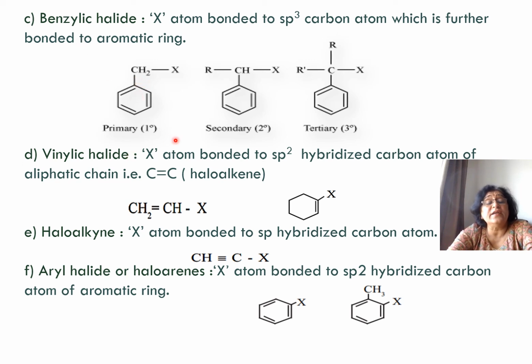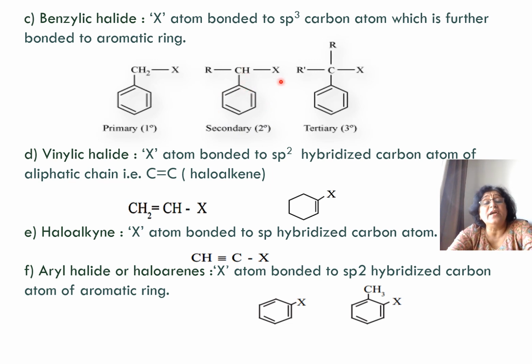Again, these are also categorized into three types: primary, secondary, and tertiary. As we said for primary alkyl halide, similarly, if the halogen is bonded to the primary carbon, that is the carbon to which the aromatic ring is attached and there are two hydrogens, such a compound is called primary benzylic halide. And secondary benzyl halide, what happens?